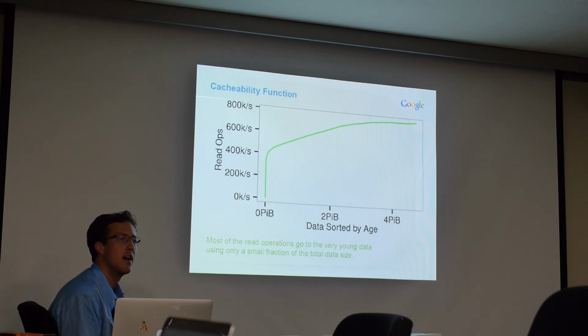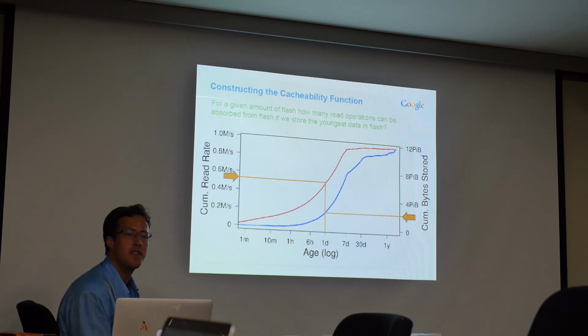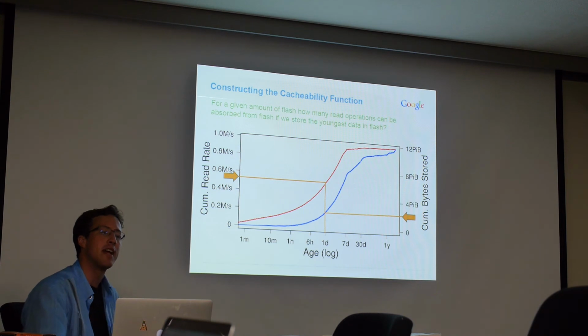Okay, so that graph in the previous, yeah, I'm sometimes curious about the performance of the cumulative read rate. Is that 1.0 megabyte per second? Isn't it too low? So it's millions. I guess this is a million reads a second, not a megabyte a second.